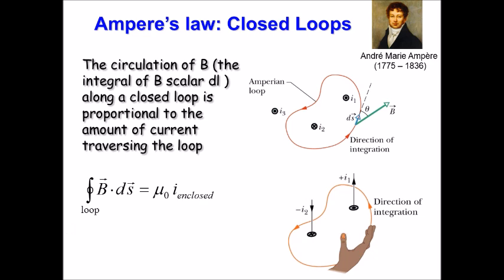So basically, here what we get is equal to mu 0, that's just a proportionality factor, times I enclosed. I will go for I1 because it's out of the board, in the same direction as my thumb. I2 is in the opposite direction of my thumb, so I do minus I2. And that's what we call Ampere's law.